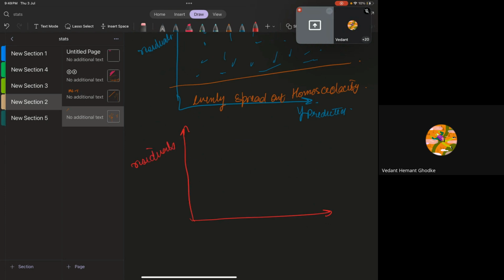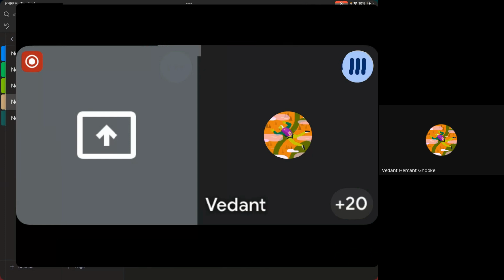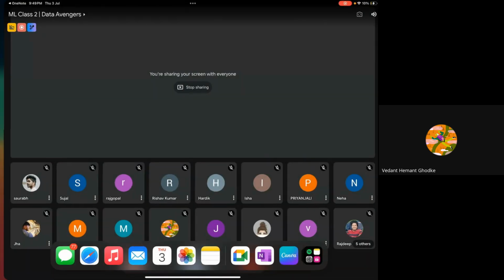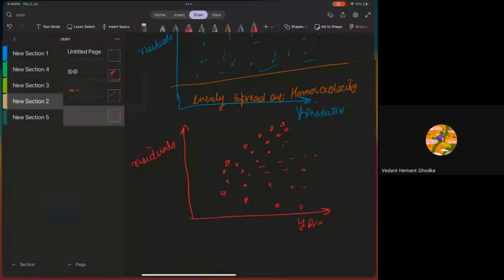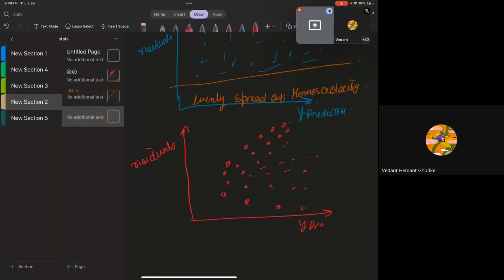Now, in this graph of residuals versus Y predicted, do the residuals look evenly spread out? No, sir. So by evenly spread out, you mean there is no funnel-like pattern. This is a funnel-like pattern.